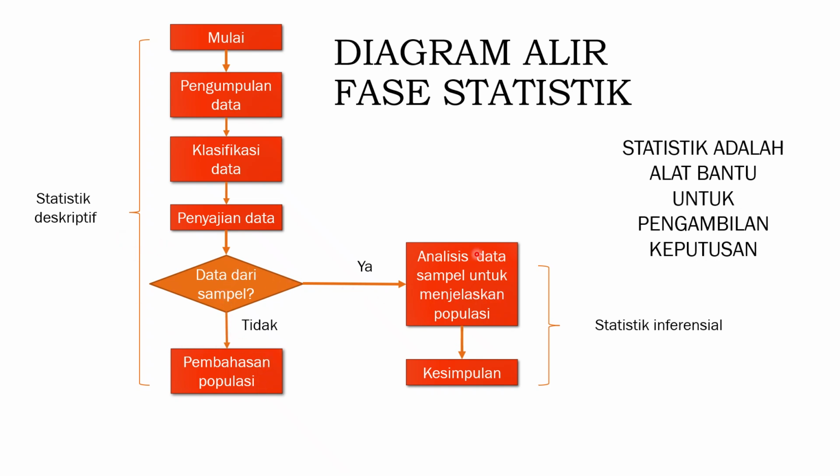And if you go on to do analysis to explain your population, for example, you are doing a hypothesis test or variance analysis, then you jump to the inferential statistics step.